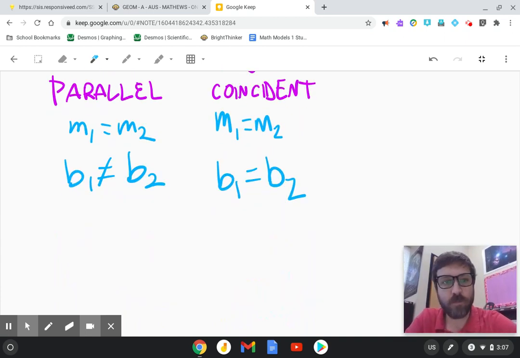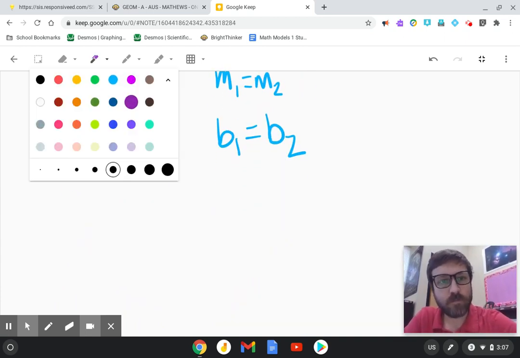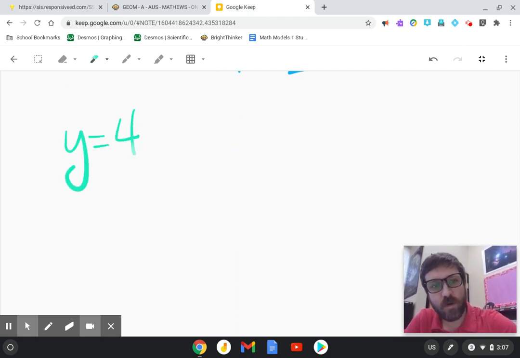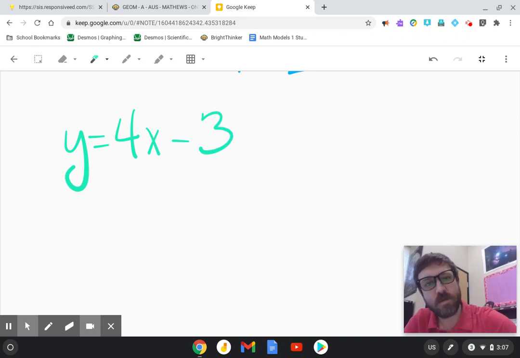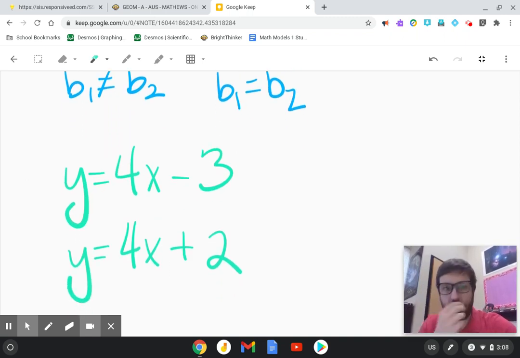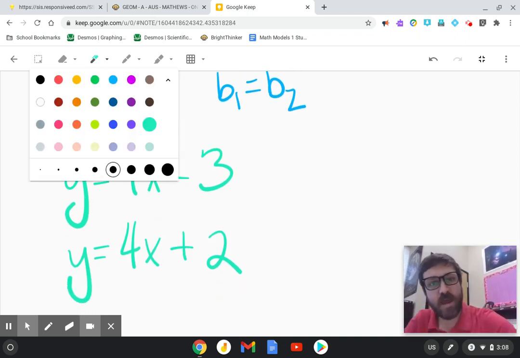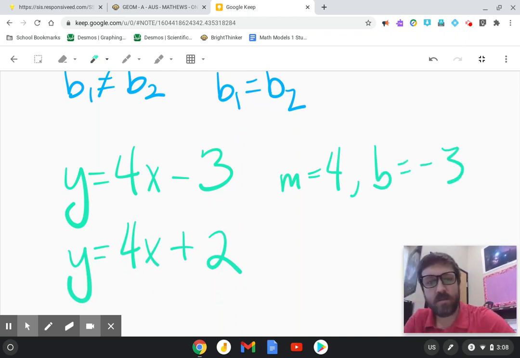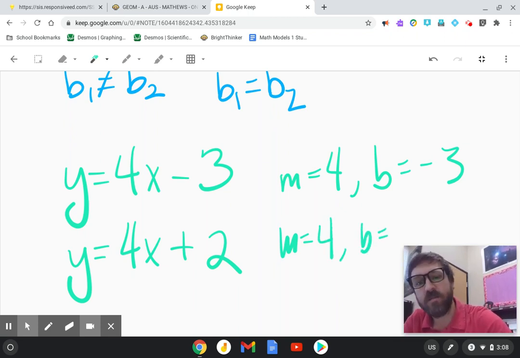So for example, if I said that we have these two lines, y equals 4x minus 3 and y equals 4x plus 2. I look at these two lines, I see that the slope of this line is 4 and the y-intercept is negative 3, and the slope of this line is 4 and the y-intercept is 2.